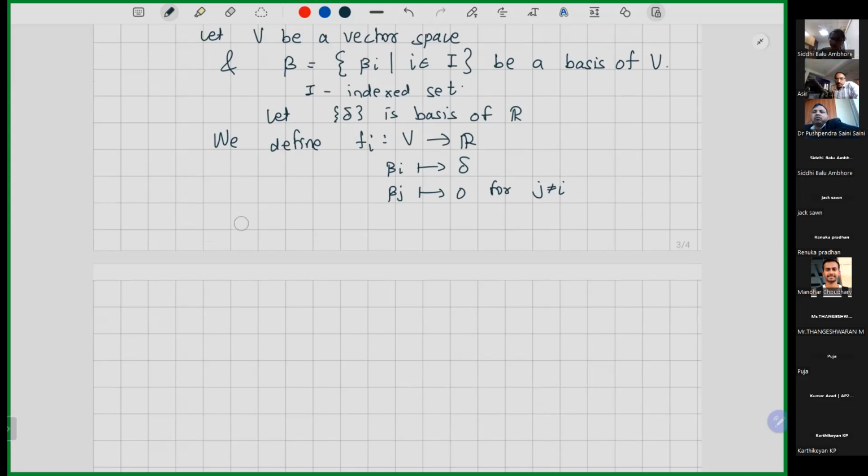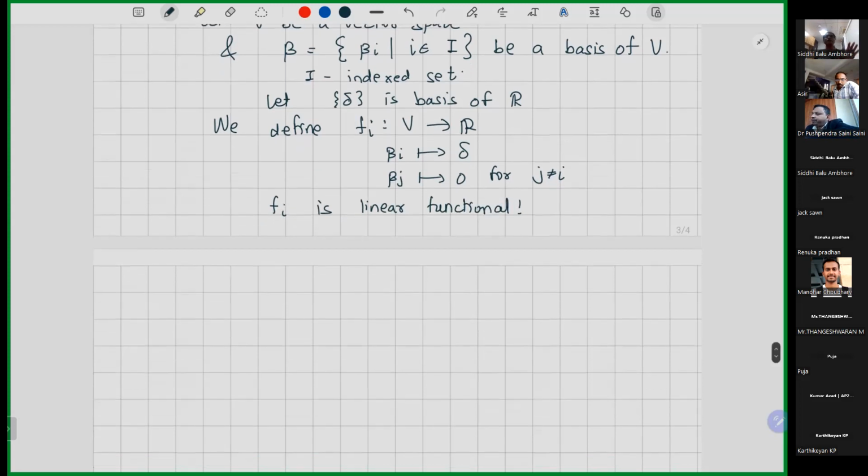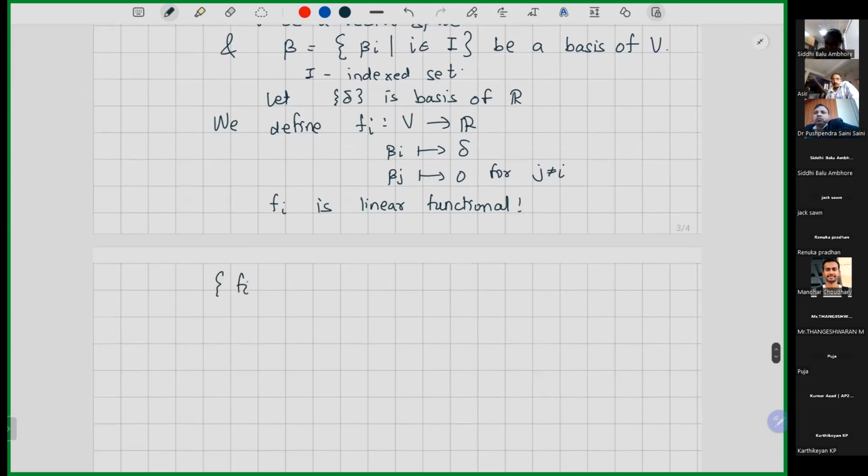When I evaluate f_i on it, I get the element. You can check this clearly, so f_i is a linear functional. Then I claim that this set, f_i such that i in I, is a linearly independent set.